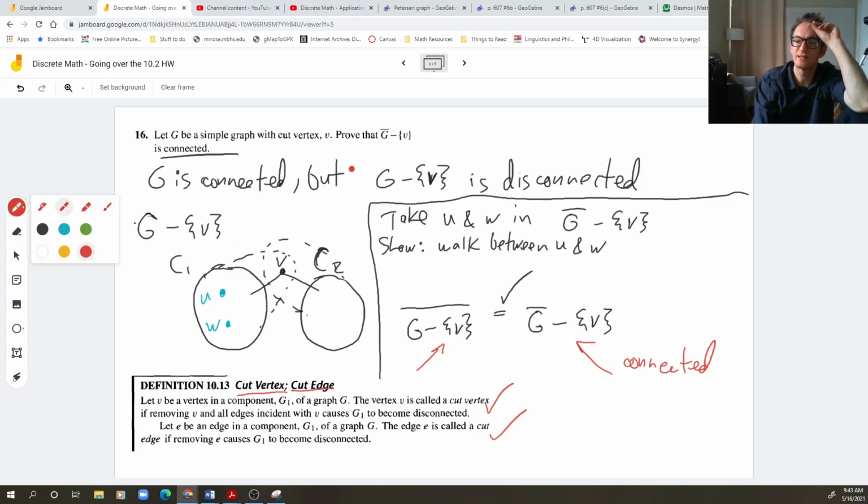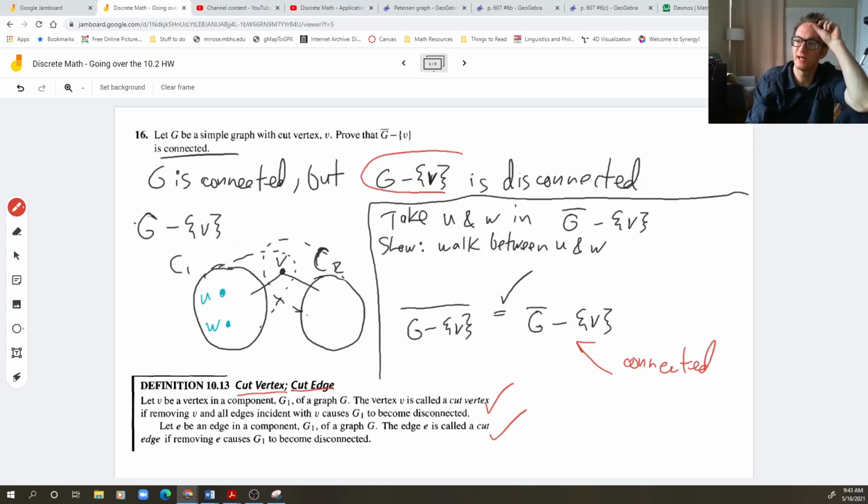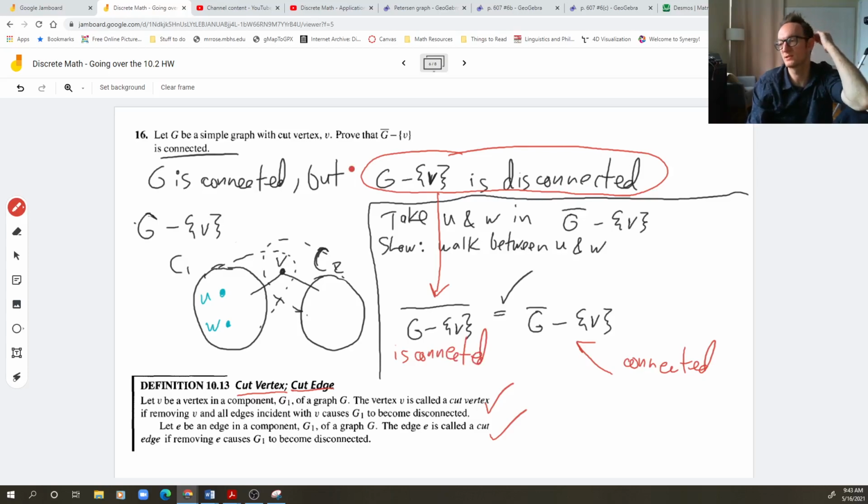Sorry, I know that this is connected because these two are the same, and I've shown in that very first problem from the homework that either a graph or its complement is connected. And so by showing that this is disconnected, I know that this graph is connected because this is just the complement. So is there a better explanation for this?